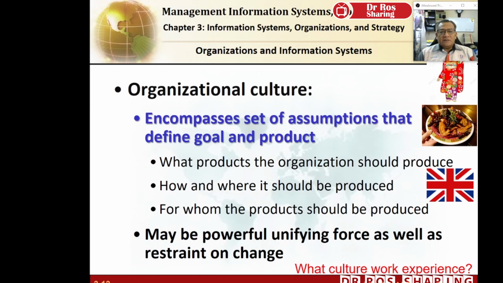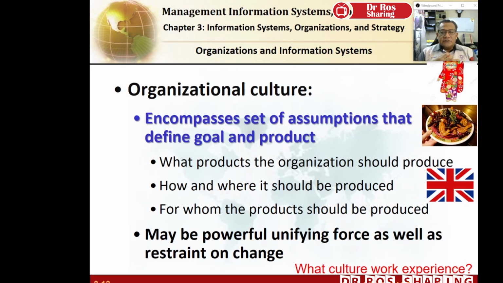Then now comes the organizational culture. So what does this culture mean? Culture basically encompasses a set of assumptions that define goals and products. So what are the products that the organization should produce? For example, like Fujitsu just now, they must produce keyboard components, relays, and the heat cartridge for the printer.